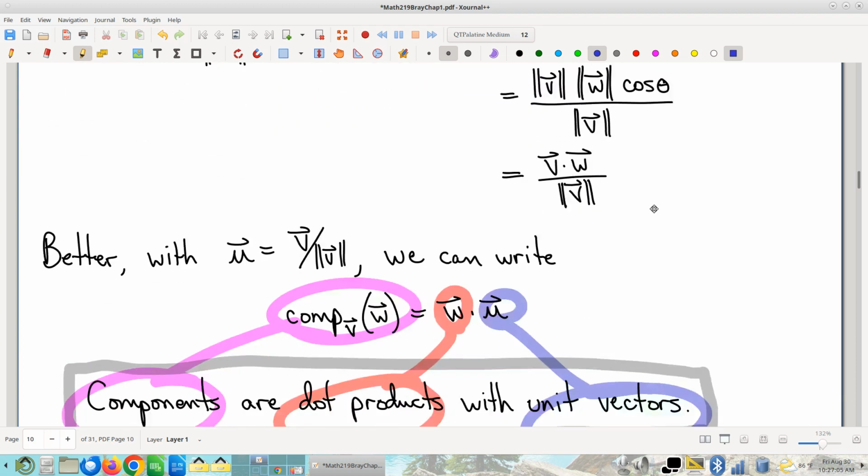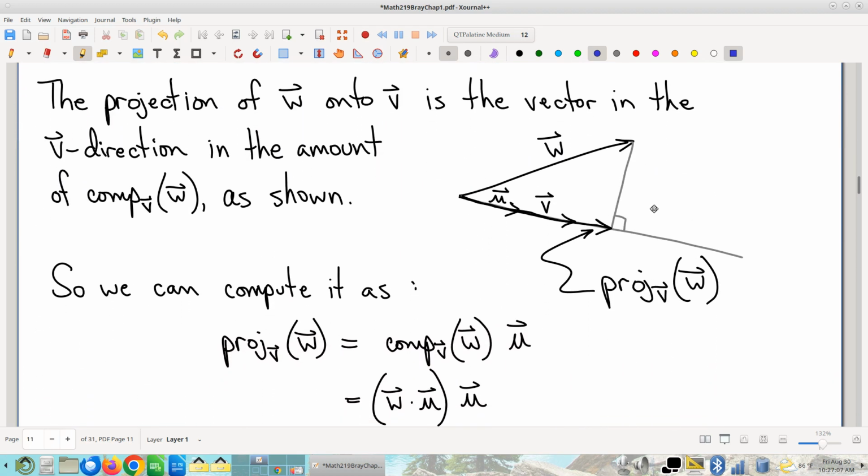Okay, related idea, but importantly different, is the idea of a projection. So a projection of a vector in a given direction. So, in the same kind of starting setup. We got some vector, we got some direction about which we're interested in it. And now this time, you see it, we're looking at the same side of the triangle, kind of.